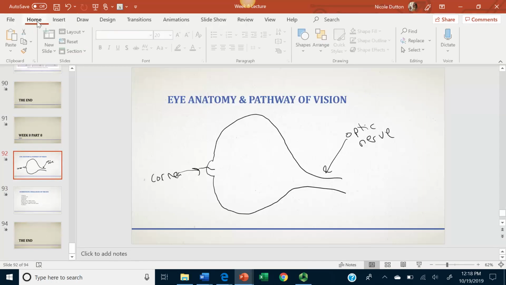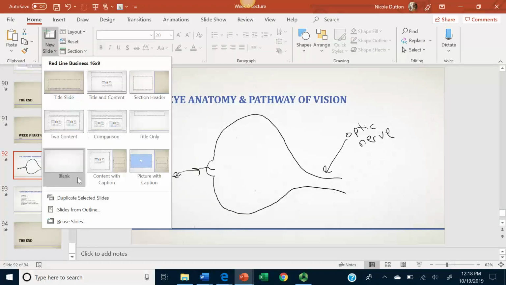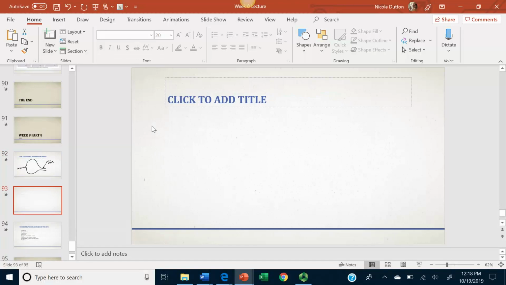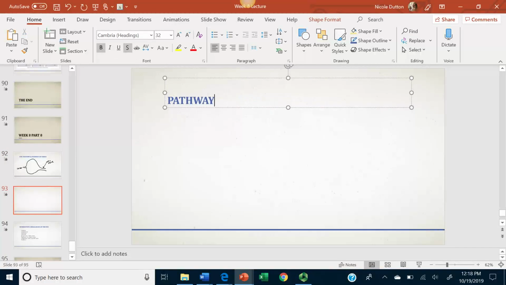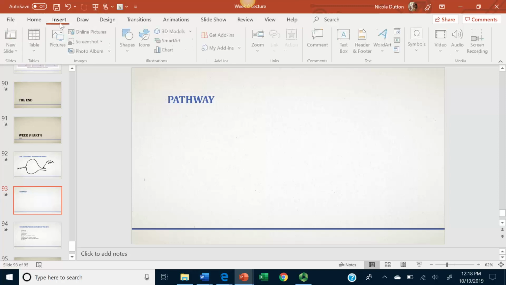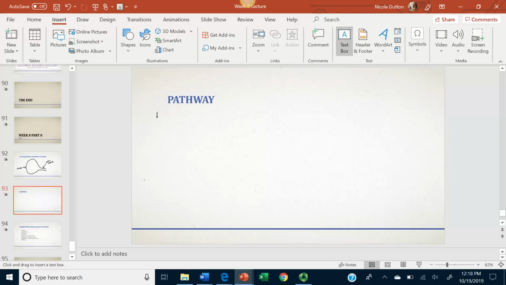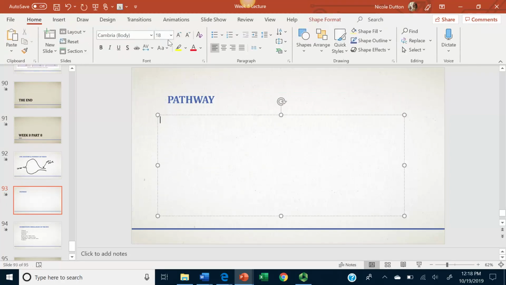So I'm going to start making a list of the pathway so that you guys have it here for your notes. So step one, it's going to go through the cornea, which is a thin, transparent membrane.